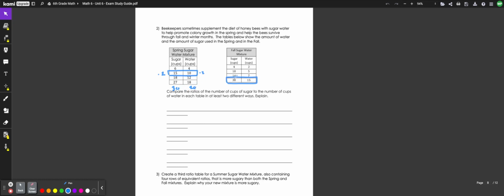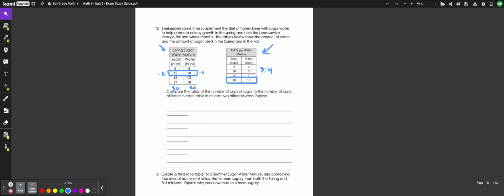So when the sugar is the same, who has more water? The spring. That means if there's less water, it's going to be sweeter. Just like we saw already, that when there was 8 cups of sugar, there was 4 cups of water. So in both of these situations, we can clearly see that the fall has more sugar than the spring.